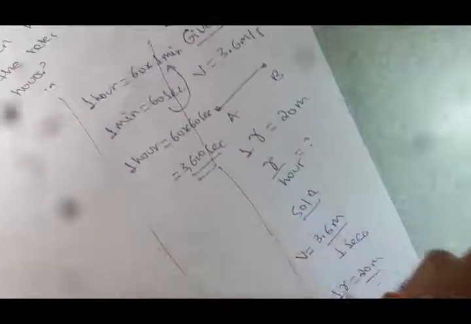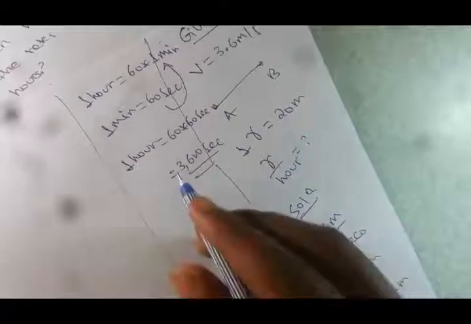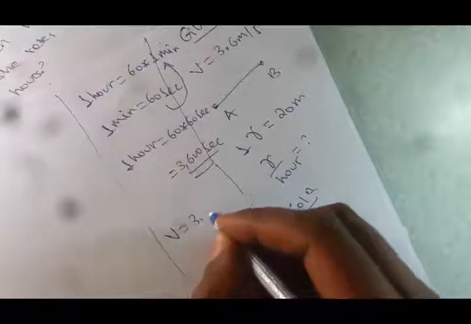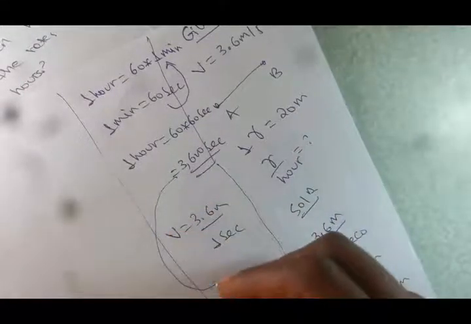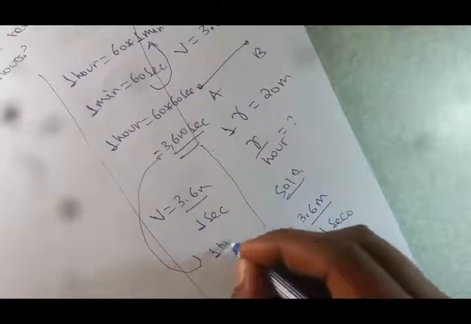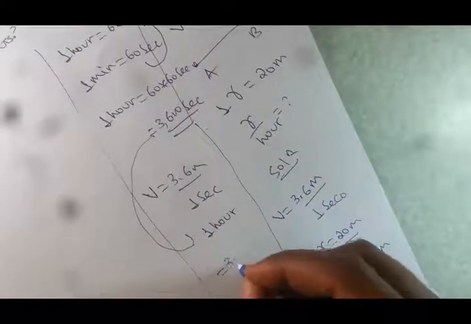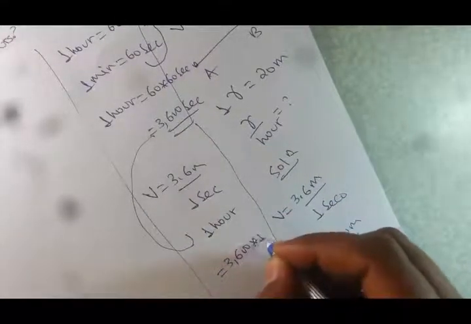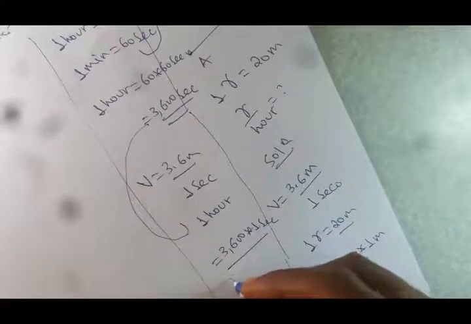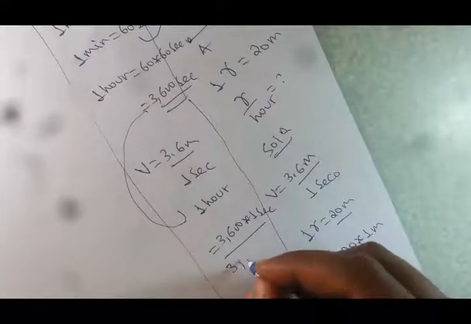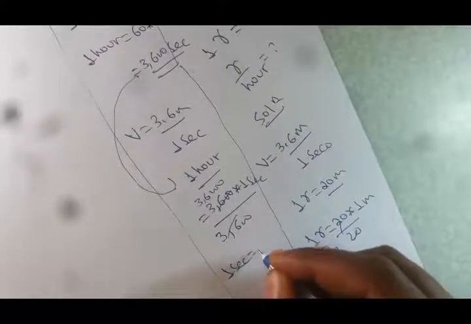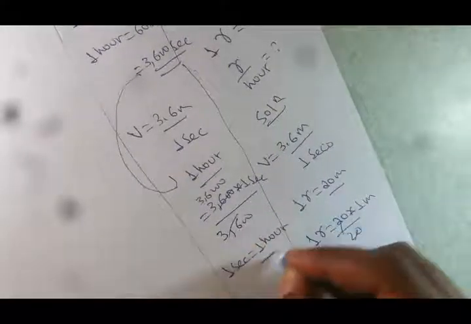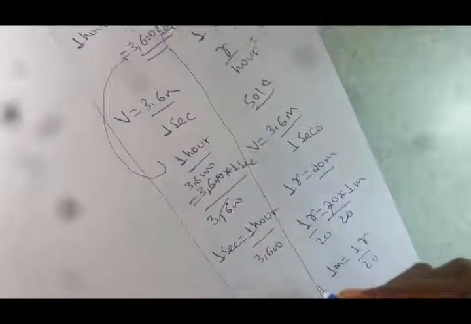And we are required to find ohm over 1 hour. Therefore V is given as 3.6 meters over 1 second, and this can also be written as 1 hour is equal to 3600 times 1 second. To find 1 second, we have to divide by 3600. Therefore, 1 second is equal to 1 hour over 3600.